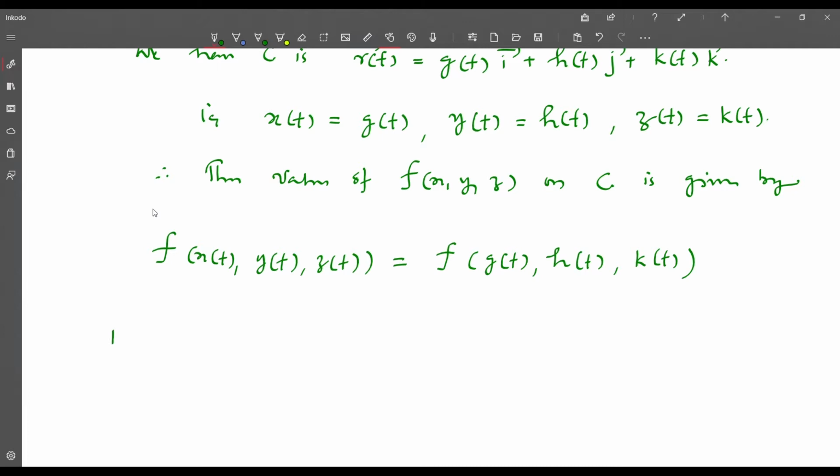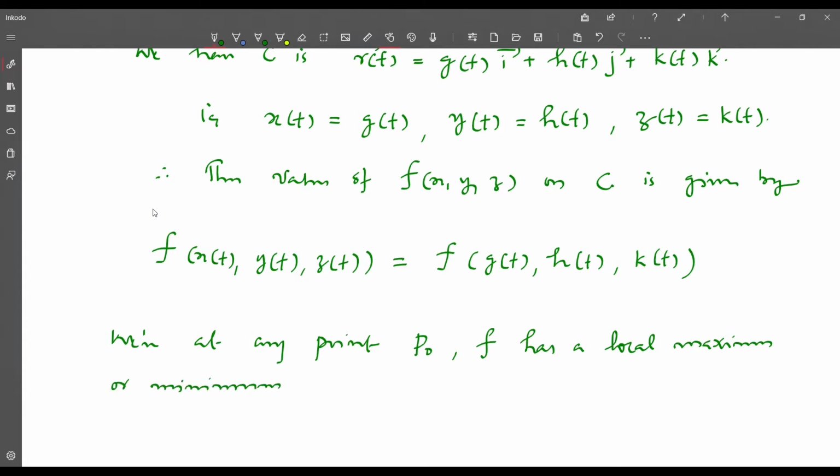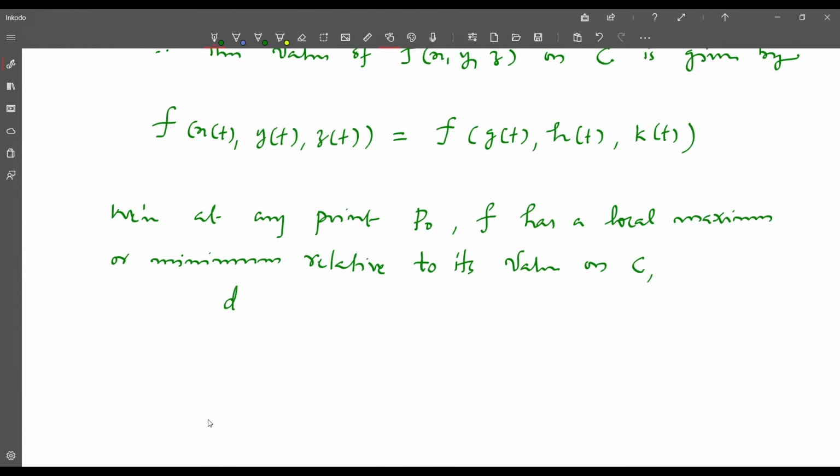We have that at any point p naught where f has a local maximum or minimum relative to its values on C, df by dt is 0. So at any point where f has a local maximum or minimum, df by dt is 0.